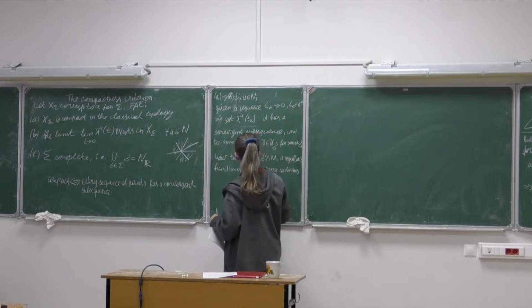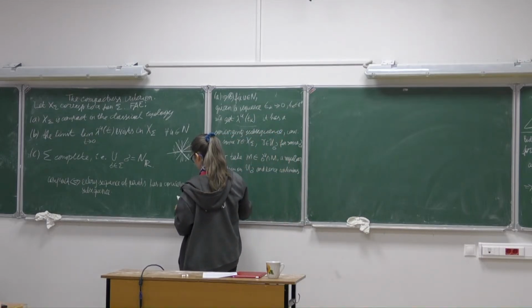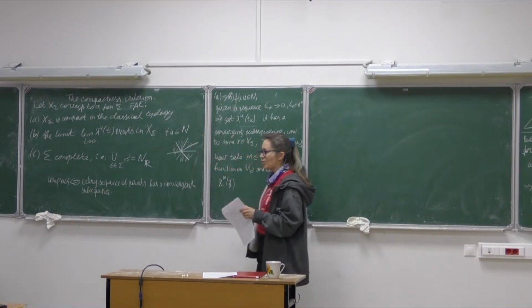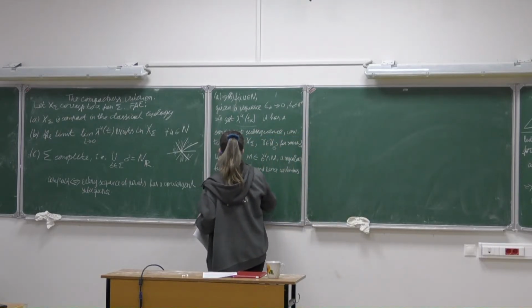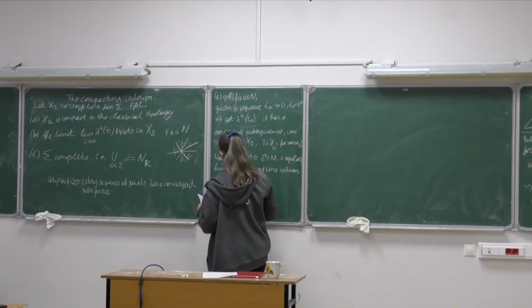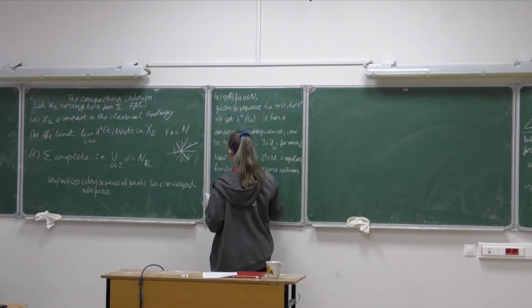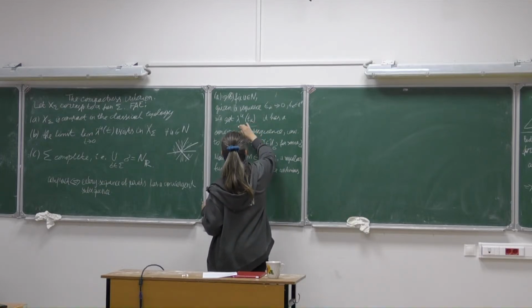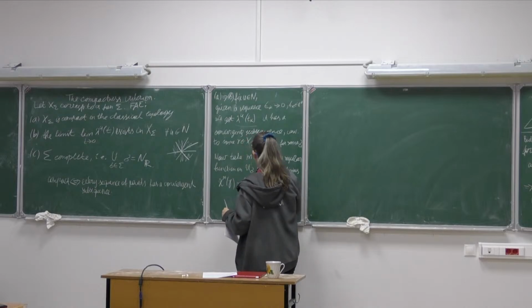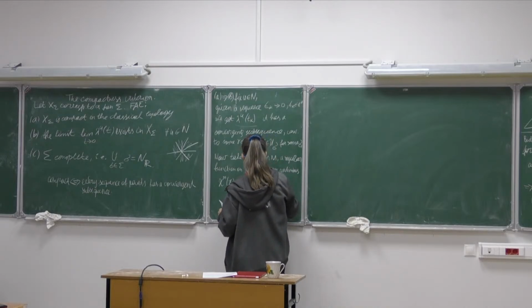In this case, we have chi m of gamma, but gamma is our limit point. So it is the limit for k tending to infinity of chi m of lambda u of tk.